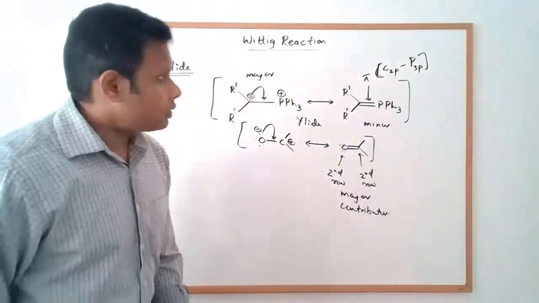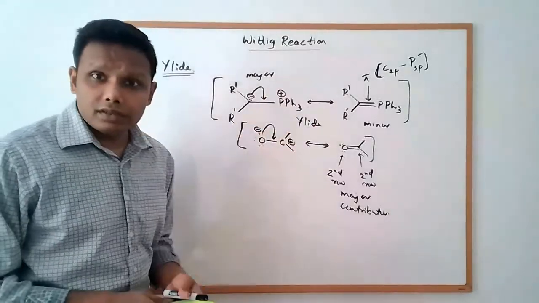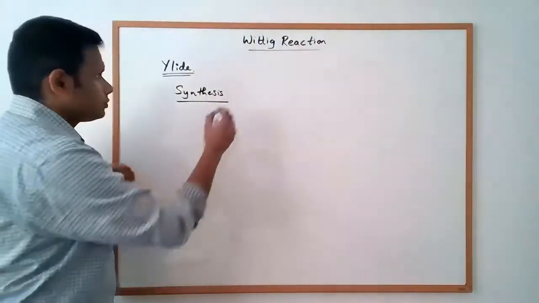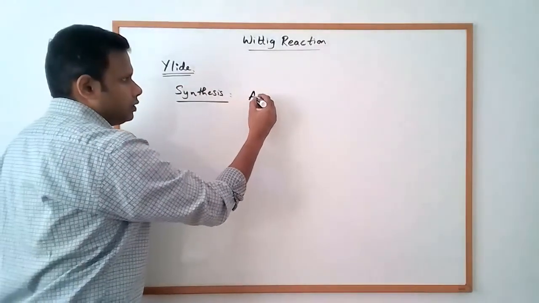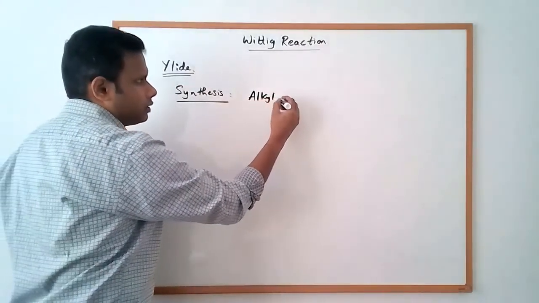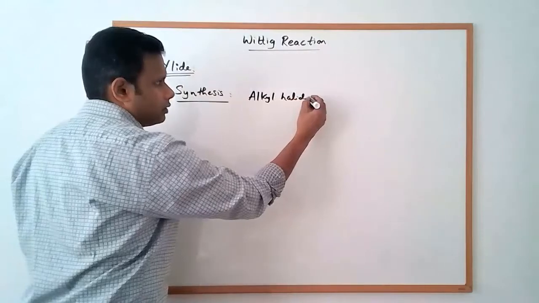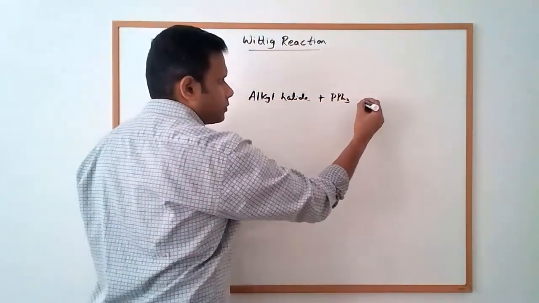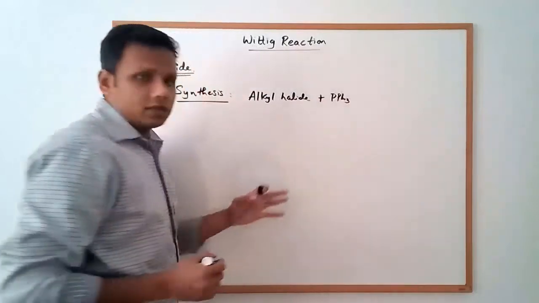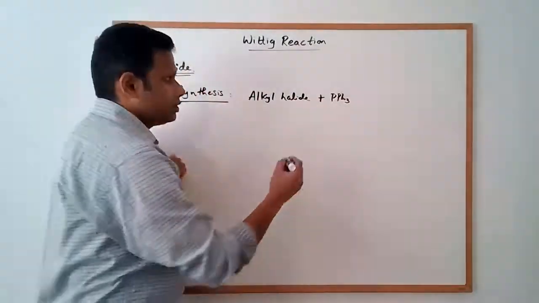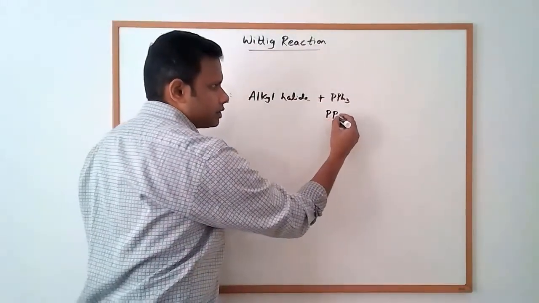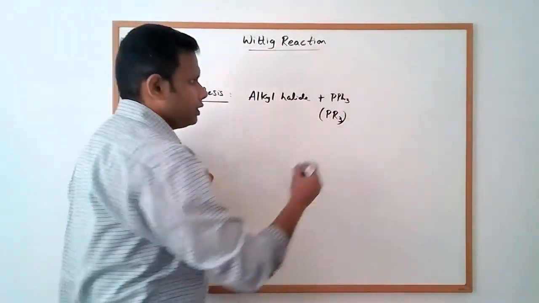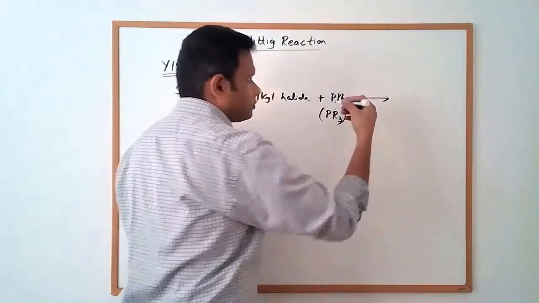Now let's talk about the synthesis of the ylid. To synthesize an ylid, you react an alkyl halide with triphenylphosphine, or PPh3, which is just representative of any phosphine with some R group on the phosphorus.